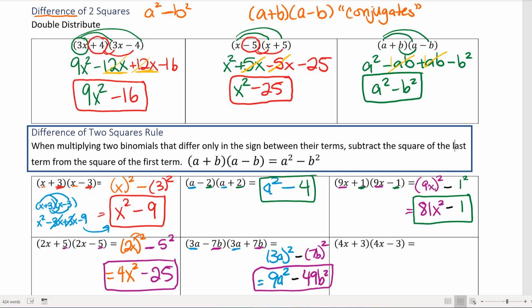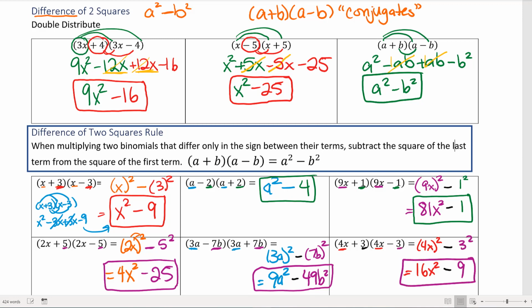And then on our last one, we have 4x being squared, which if you can just get 16x squared initially without having to write that out, you're welcome to. Minus because there's a minus in the formula, and then 3 squared, which is just 9.